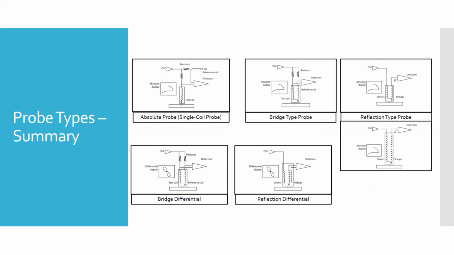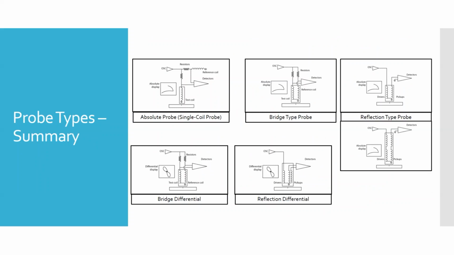So this first one they call a bridge differential. You can see it's not much different than the bridge probe up there. Looks pretty close. The difference is kind of how the differential displays. Remember I said with a differential probe, you can get kind of an absolute looking display or a differential type display. So it has to do with the reactivity of the probe and how it's interacting with the surface.